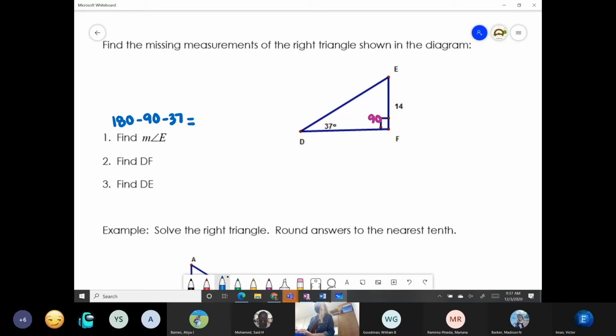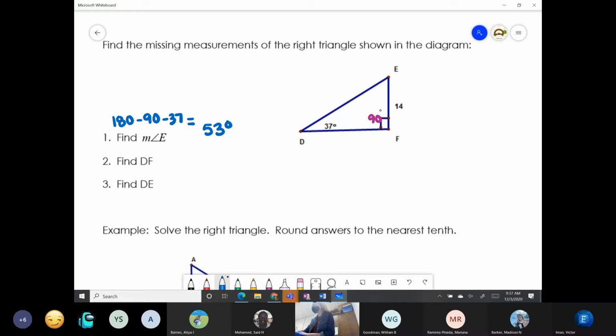So I'm going to do 180 minus 90 minus 37. So I can go ahead and solve to find that that missing angle is 53. So when you're solving for a triangle and they give you 2 out of the 3 angles, the fastest way, instead of using this inverse trig, is to go ahead and just subtract from 180.